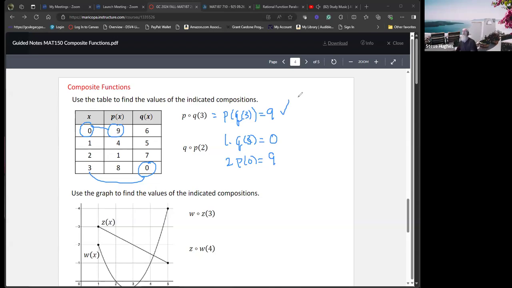All right, you guys try the next one. What would Q of P of 2 be? Q of P of 2. Q of P of 2 equals what?